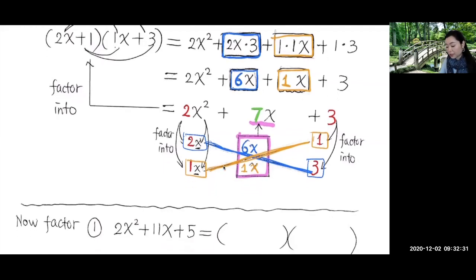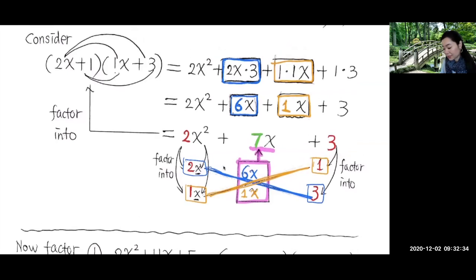So now you see the factors. 2x plus 1 is the first factor, corresponding to this 2x plus this 1 over here.